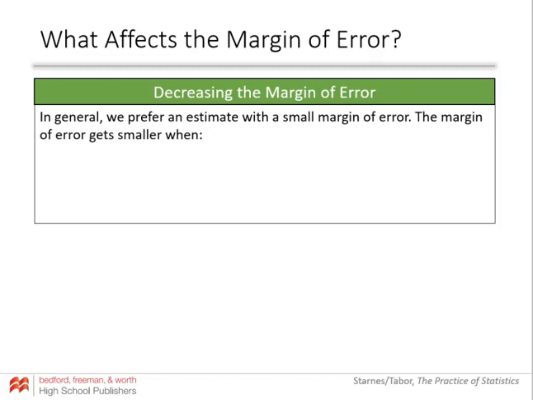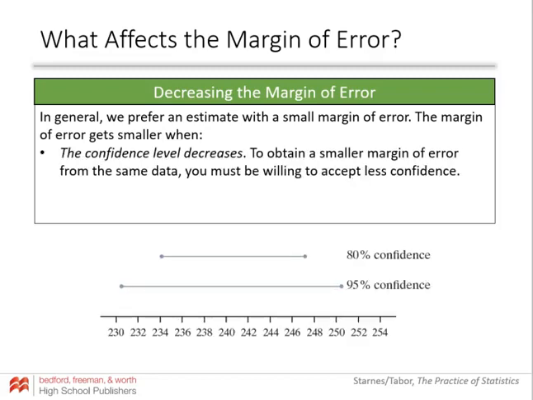What can we do to increase or decrease that margin of error? All right, the margin of error gets smaller when the confidence level decreases. Okay, so if I think about it, if I want to be more confident, I'm going to increase the width of my confidence interval so that I can be more sure that I got that true number.